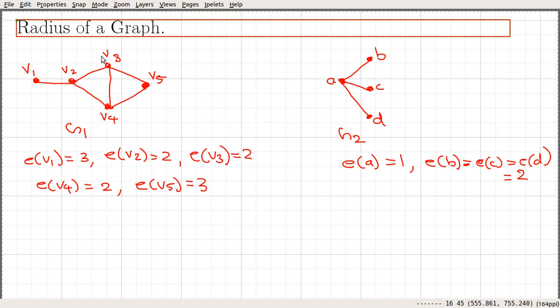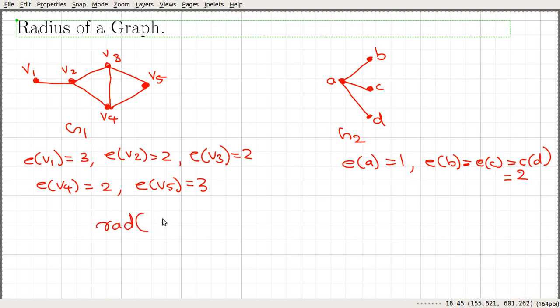So let's define the radius of a graph. So similar to diameter, the radius of a graph is defined for the entire graph. So the radius of a graph is usually denoted like RAD of G, and it is nothing but the minimum among all the eccentricities of the vertices of the graph.